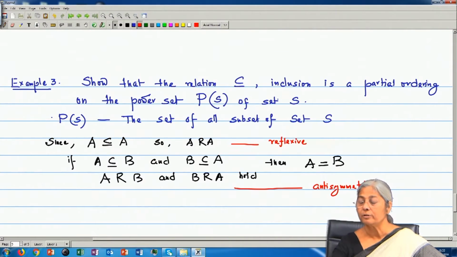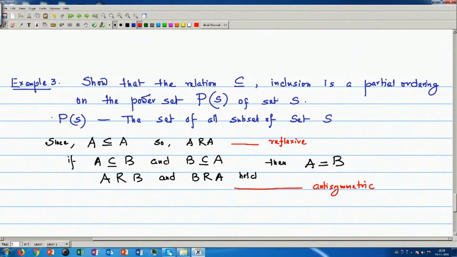The condition for the relation to be antisymmetric requires A not equal to B.